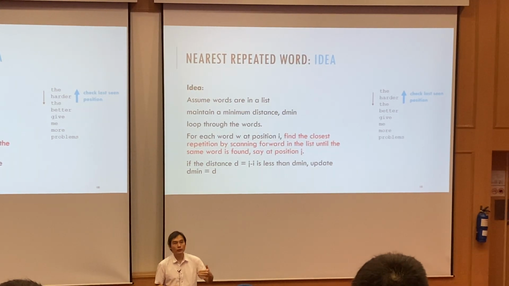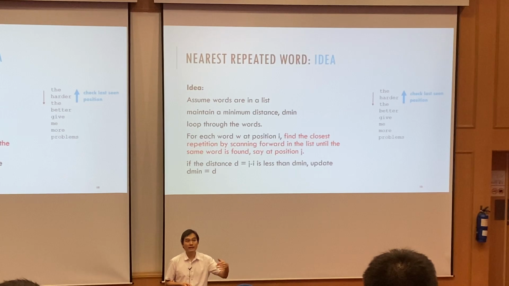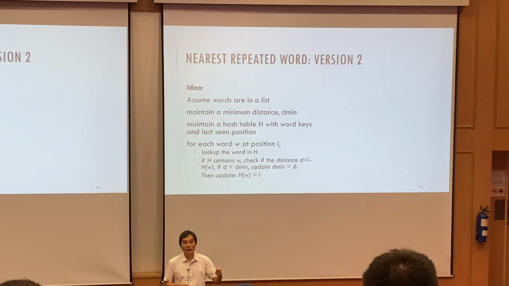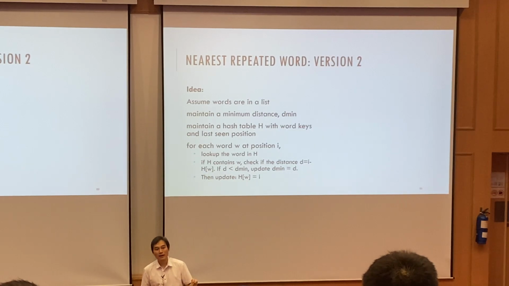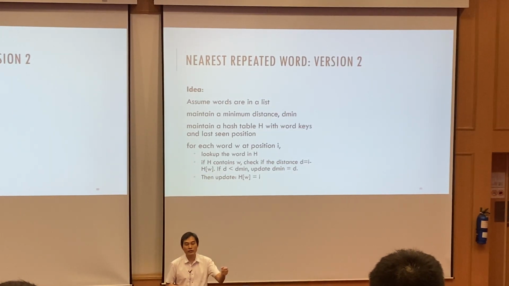So as you go through your text, I just need to hash my words and store the index where I last saw it. And then all I need to do is look up the word in the hash table. Now, if the word is in the hash table, then I just check the distance. If the distance is less than my current minimum estimate, I just update my minimum estimate.